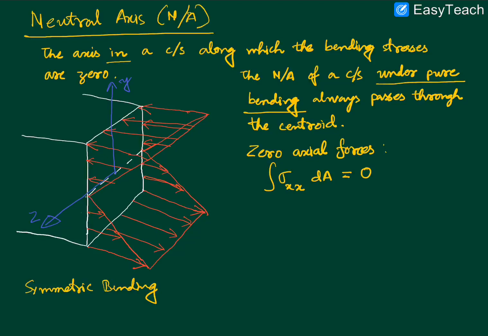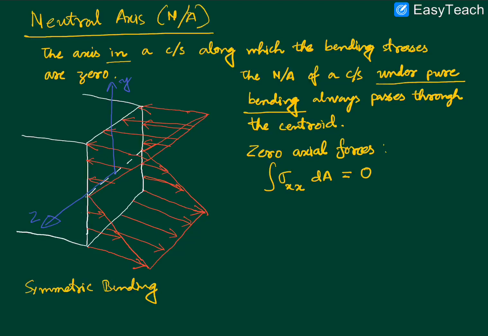So let us pretend, for the sake of a deeper understanding, that this neutral axis is there, but we do not know that this neutral axis is passing through the centroid of this rectangular cross section. So there is some value in trying to prove what we are going to prove here.